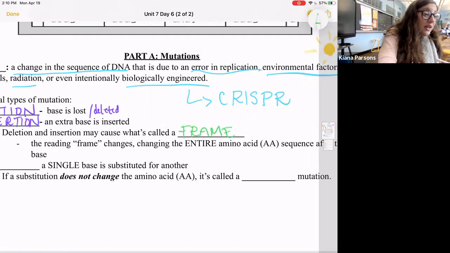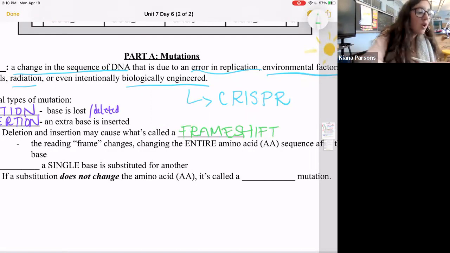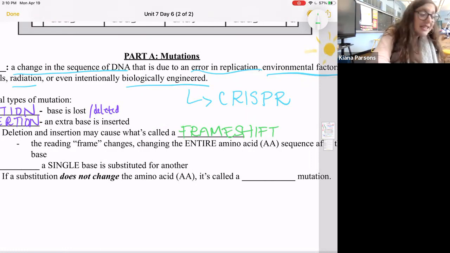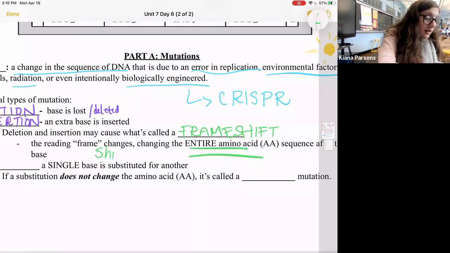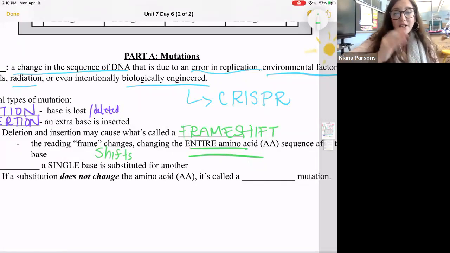Meaning it's reading different codons. So it may only be one base that changes, but as a result, the reading frame changes, meaning the groups of codons, and the entire amino acid sequence is affected after that base. So the frame shifts, and this can impact the entire amino acid sequence.